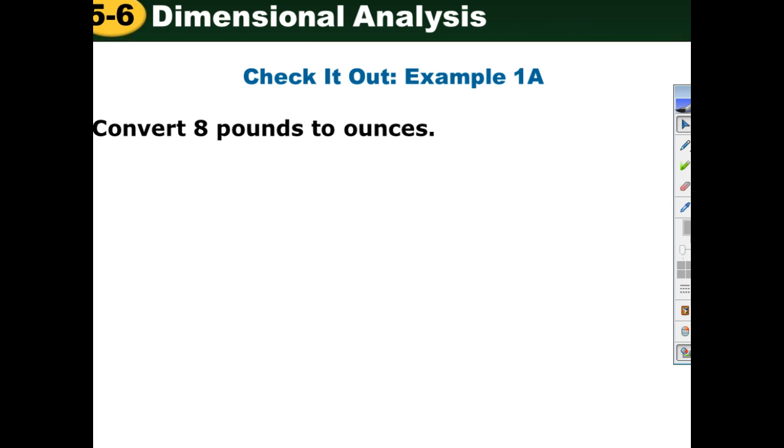Okay, all right, so I'm going to write. First thing we need to do is to write down a conversion factor that 1 pound is equal to 16 ounces. Now we want to start with 8 pounds over 1 times.